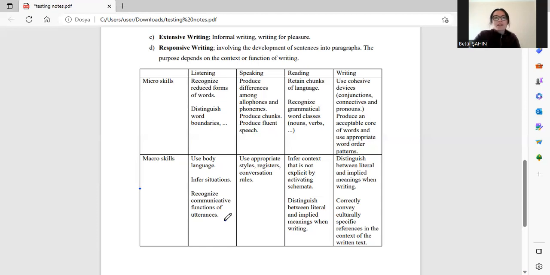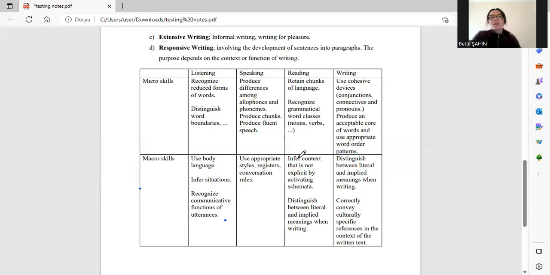Like we said, micro skills is to recognize something, while macro skills is to understand something.